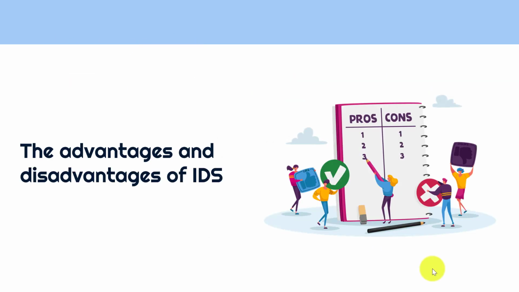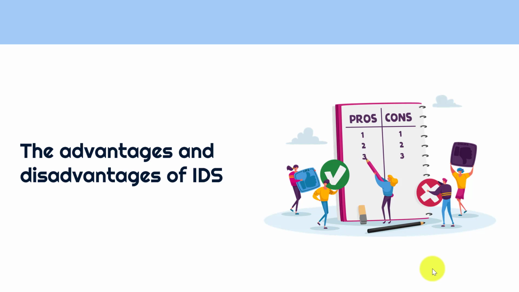Now we see some advantages and disadvantages of IDS. The advantages of an IDS include, first one, real-time monitoring. IDS can continually monitor network traffic and alert administrators to any suspicious activity in real time. Another advantage is early detection.